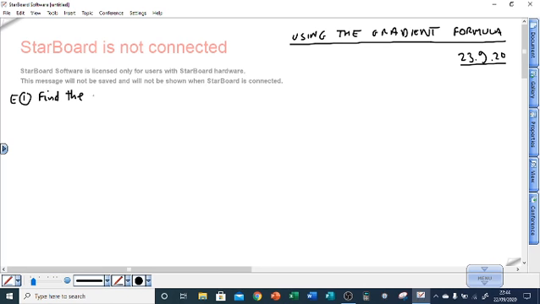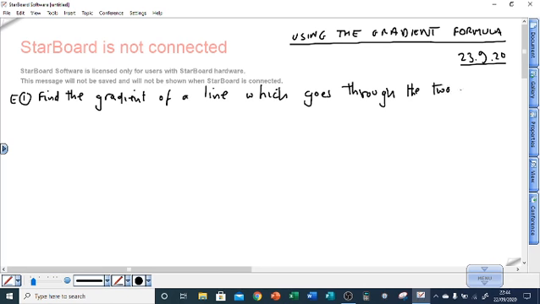Find the gradient of a line which goes through the two coordinates A and B, where A has got, I'll just make something up, (3, -7), and B has got the coordinate (-5, -10).